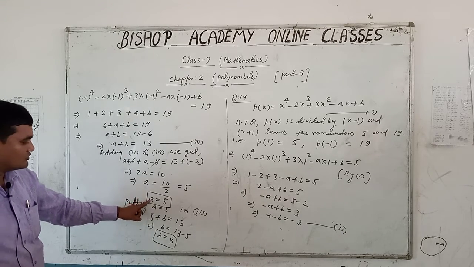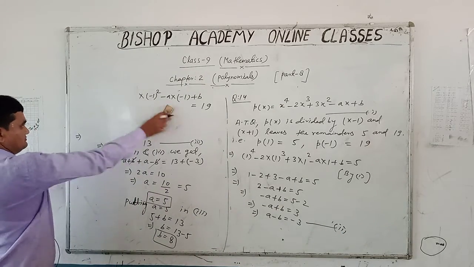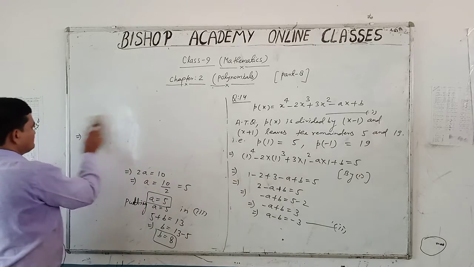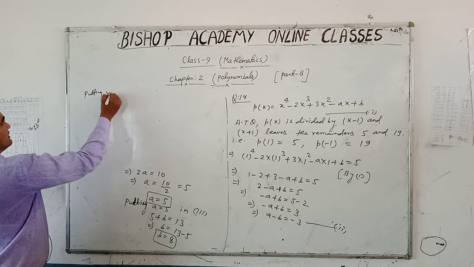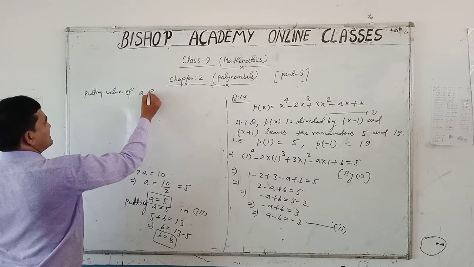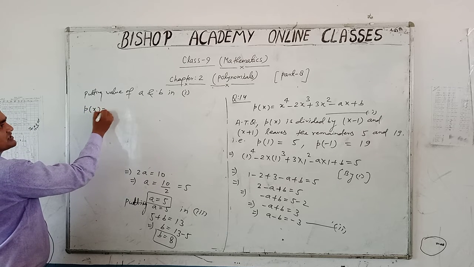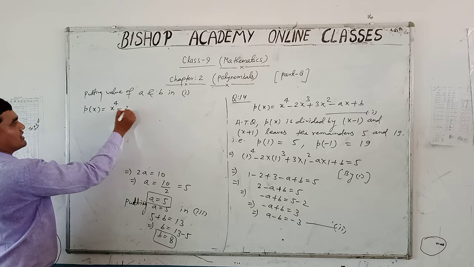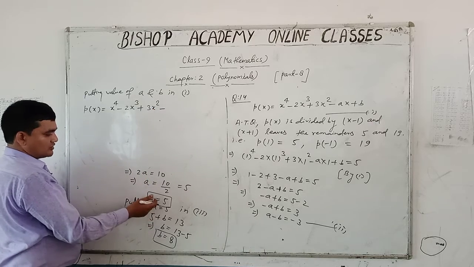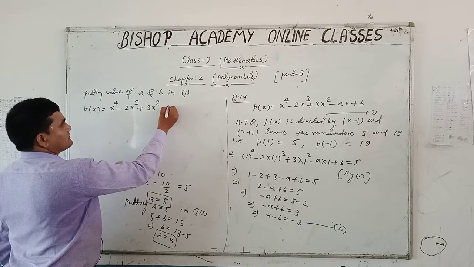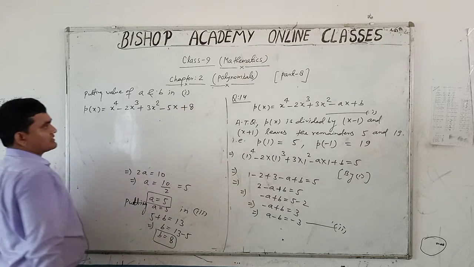Now putting the value of a and b in equation number first, we get p(x) equal to x raised to the power 4 minus 2x cube plus 3x square minus 5x plus 8.